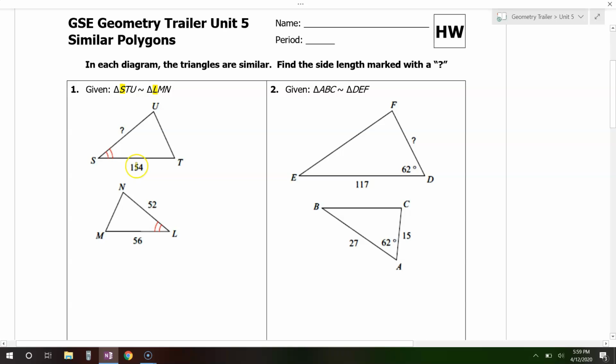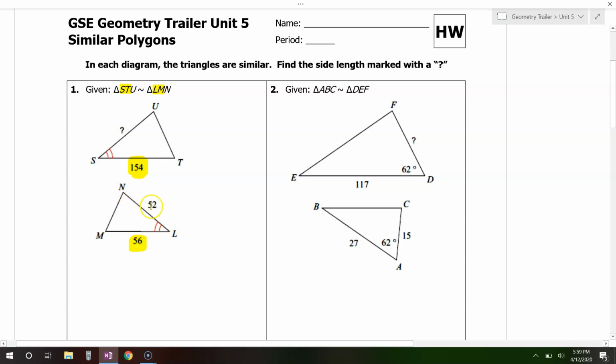Now let's look at the sides though, since in this case we're being asked to find sides. So we can see that side ST corresponds with side LM. Okay, so here's ST and here is LM. All right, now what about side NL?